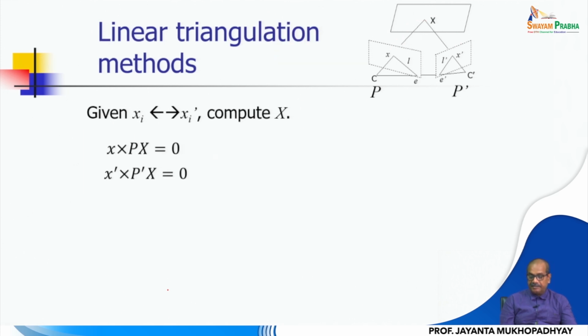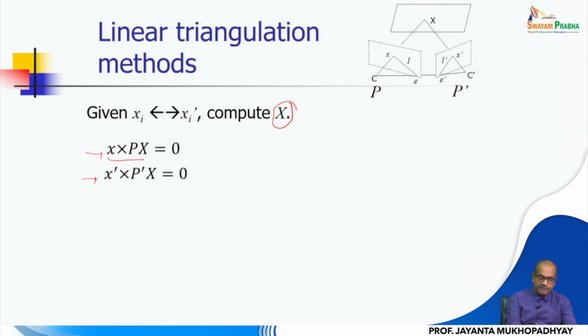We can say there is another way of doing this. If we have the corresponding points xi and xi prime, then once again if I consider x and take the respective cross product, they are the same. Instead of hard equality, which is one problem, since hard equality in the projective space should not be considered, you should consider the direction.